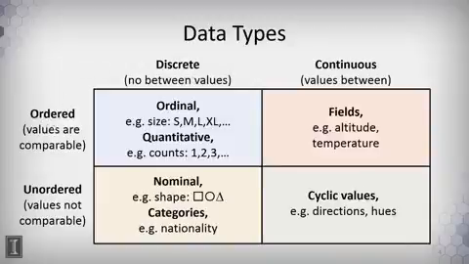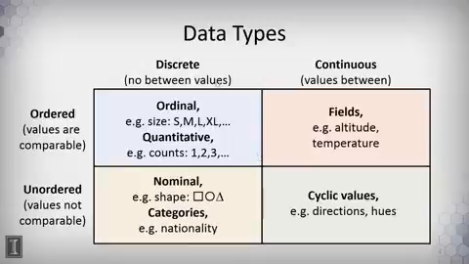And then there's comparable data, so that the data can be compared to each other, or unordered data where the values are not comparable. So we look at all the possibilities of discrete and continuous data with ordered and unordered, and you get the different kinds of data that you'll be dealing with.